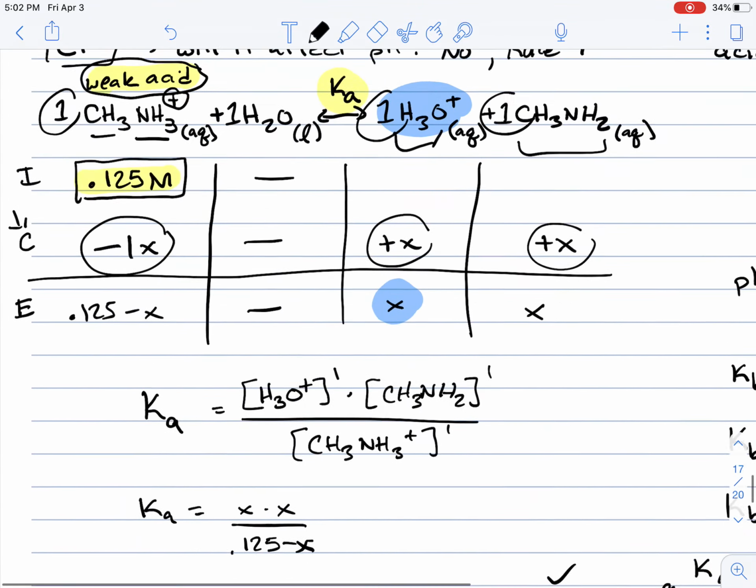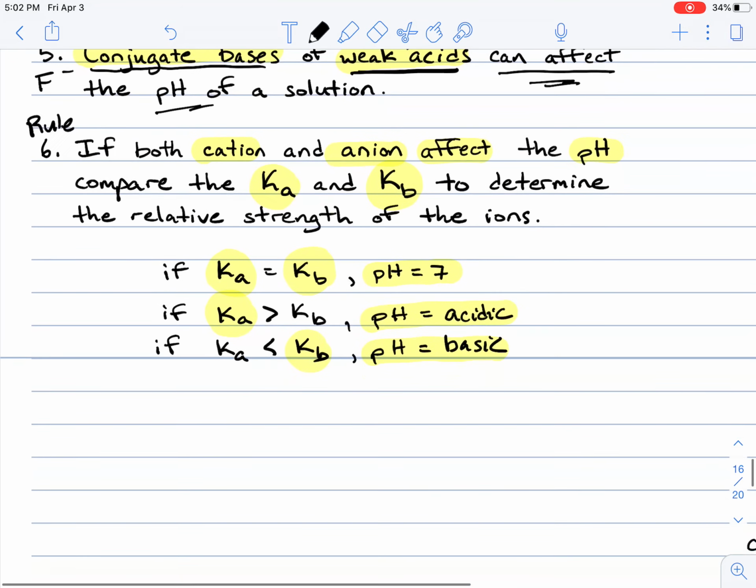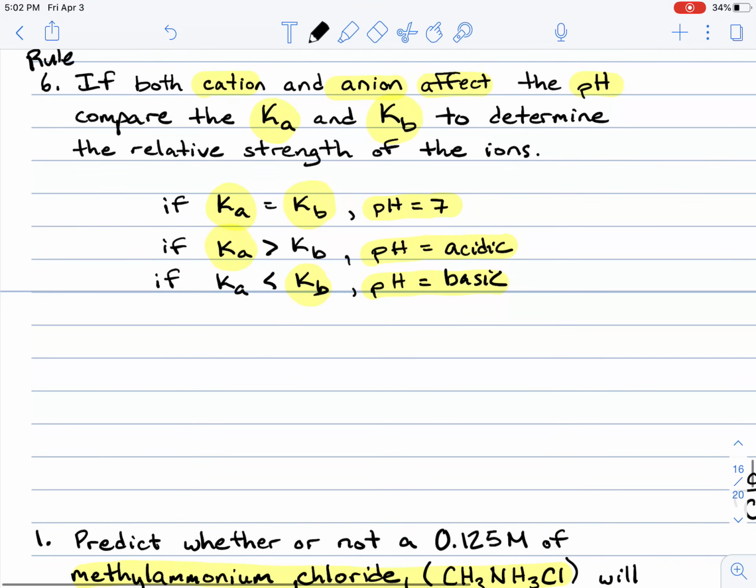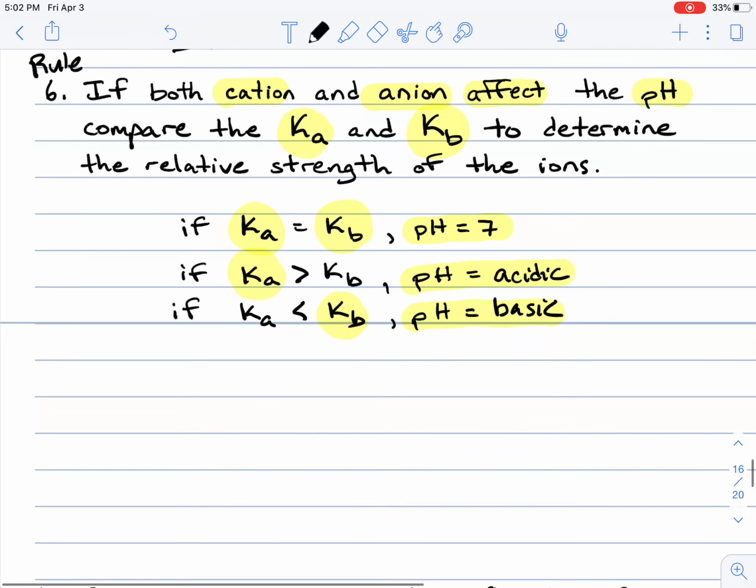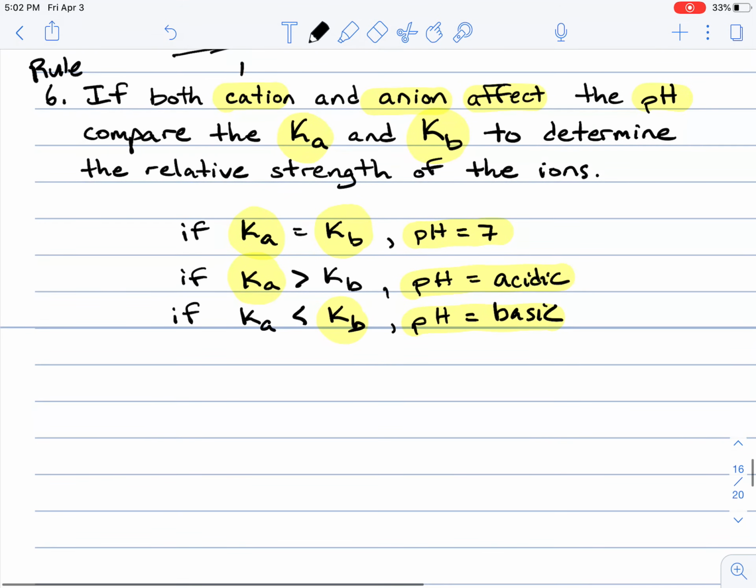And so rule number 6 states that if both cation and anion, in this case NH4+ and F-, affect the pH of the solution, to predict whether or not it's going to be acidic, basic, or neutral, you have to compare its Ka and Kb. If one is greater than the other, then it's going to alter the pH by determining which one is much stronger. Okay.